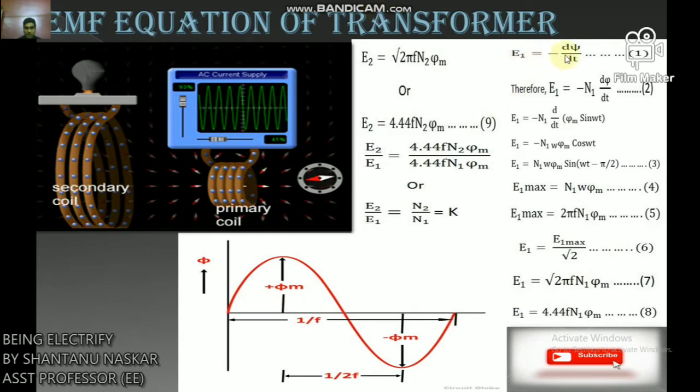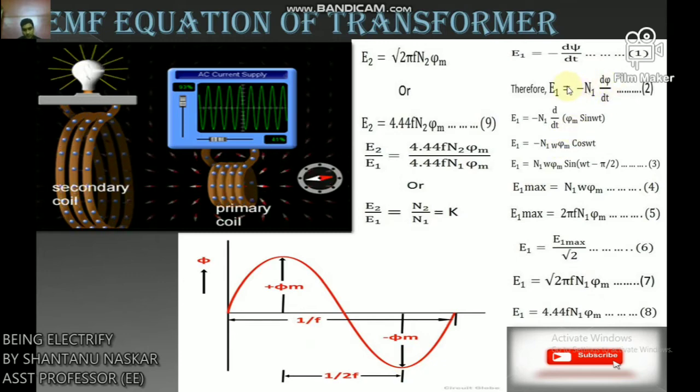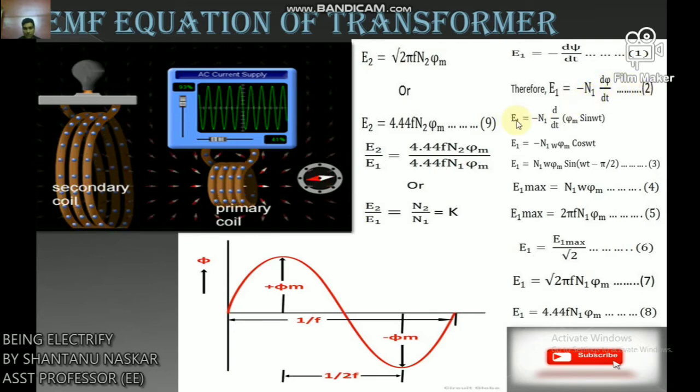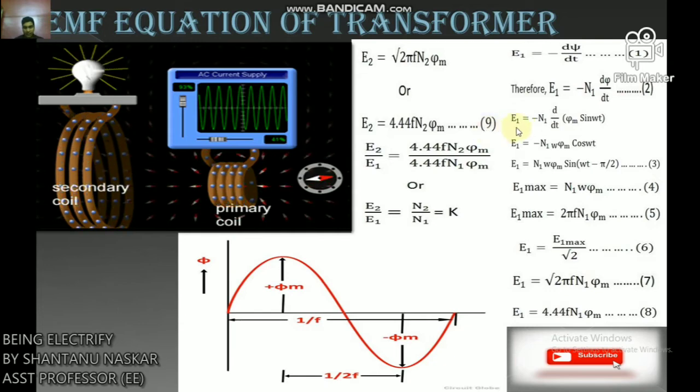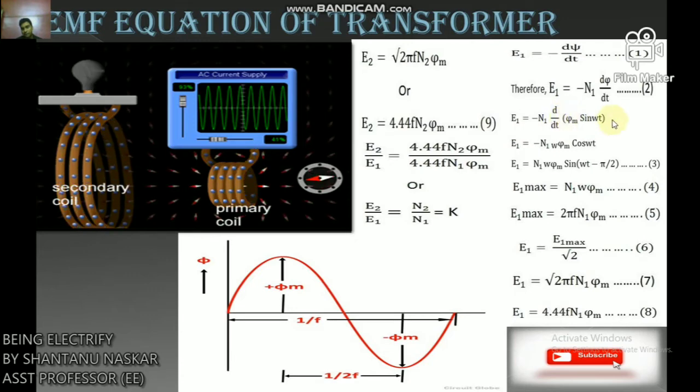So E1 is minus d psi by dt, where psi is N1 phi, and we can write E1 equals minus N1 d phi by dt. Since phi is due to the AC supply, phi equals phi m sin omega t.